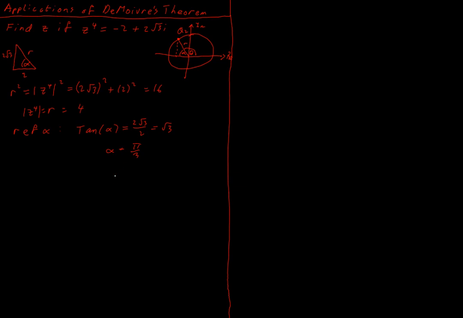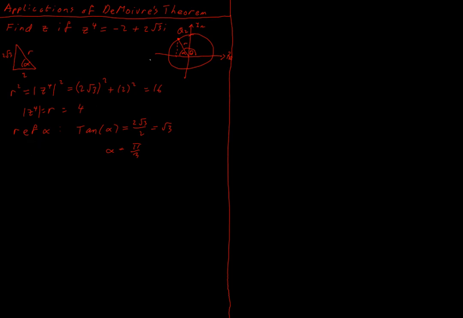Again, I'm working in radians. I could work in degrees. Often you'll see the examples or questions in radians, so I'm giving you examples like that, but you can work in degrees unless they explicitly tell you otherwise. So I have alpha is pi over 3.